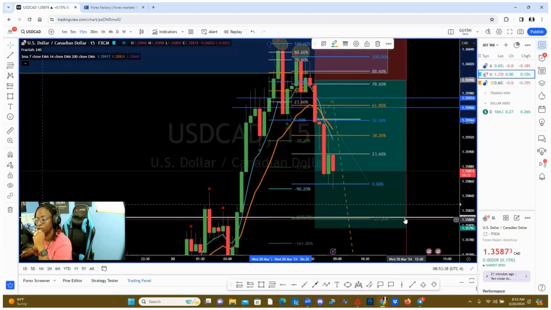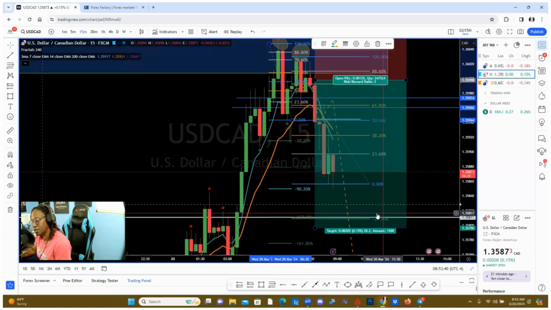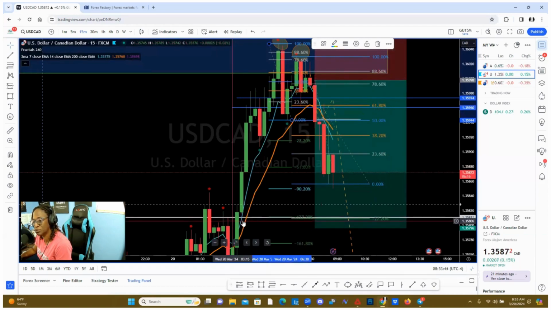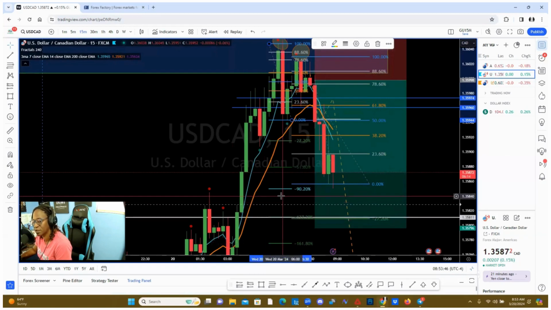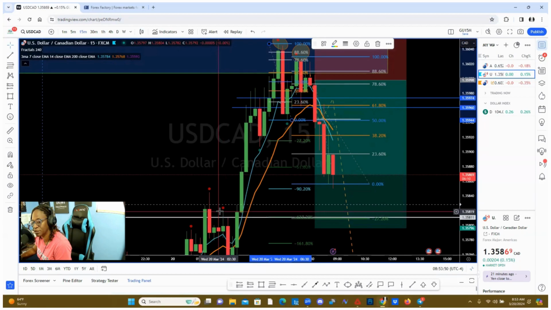This area is going to be very important because you've got too much confluence. You understand? Because now you've got structure broken, never retested, demand with gap, untapped, right? Fib 127 extension, Fib 27 extension.